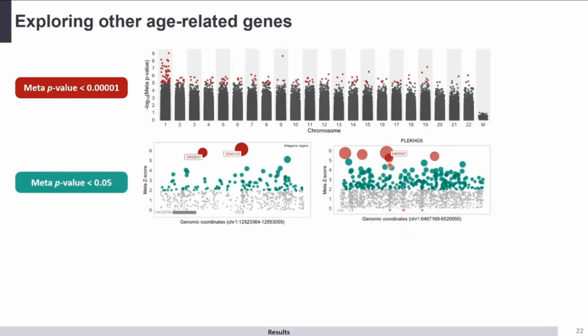Furthermore, many other CpG sites in this gene, highlighted in green color and using a meta p-value of less than 0.05, show an association with aging. And this gene, involved in regulating neuronal cell differentiation, has not previously been reported to have any known association with age-related changes or diseases.